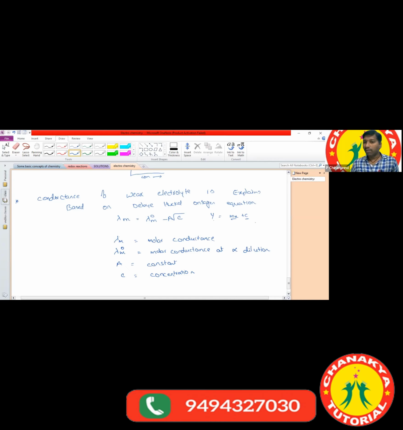Now, according to the Debye-Huckel-Onsager equation also, lambda m we take on the y-axis, and square root of c we take as the x-axis.